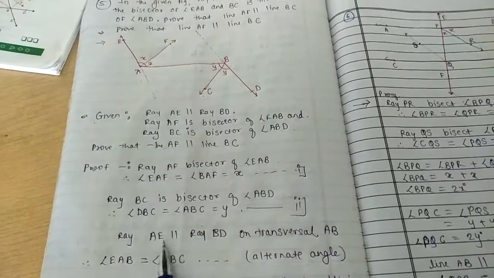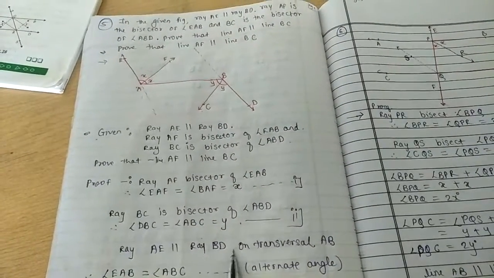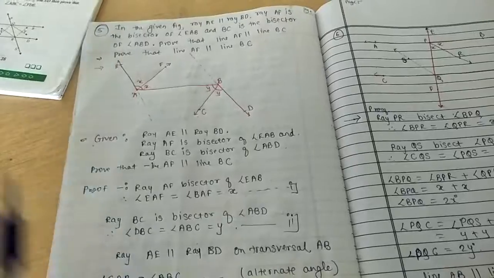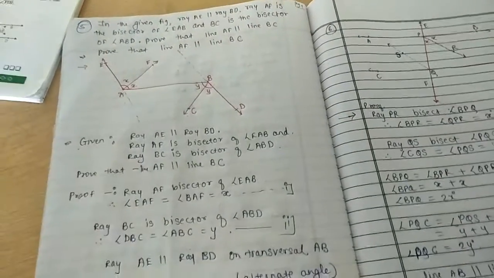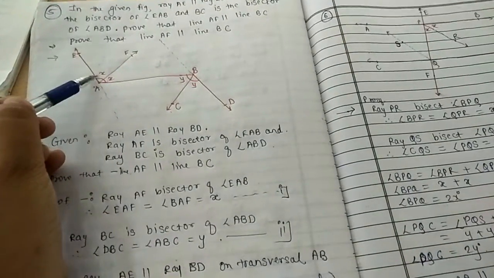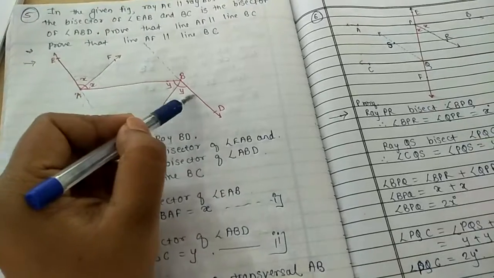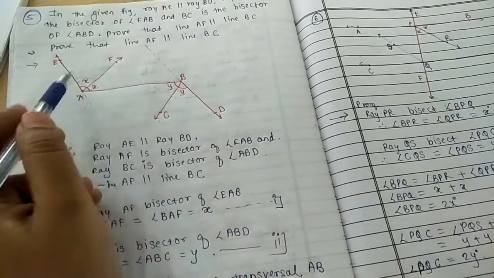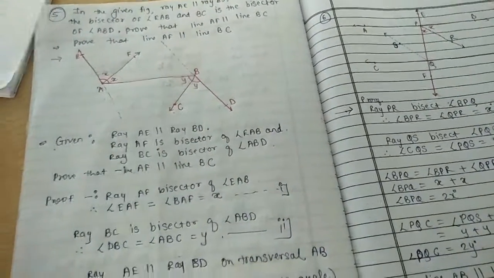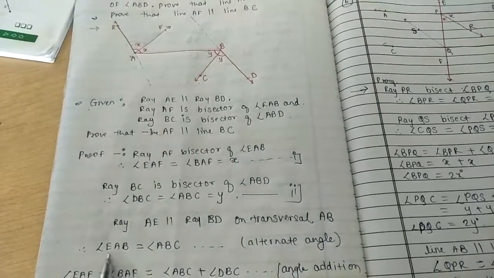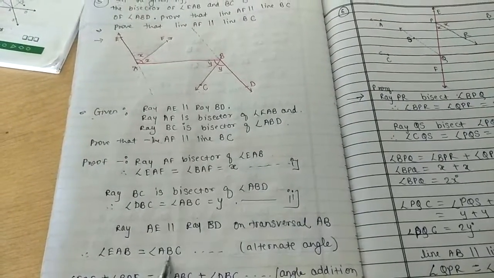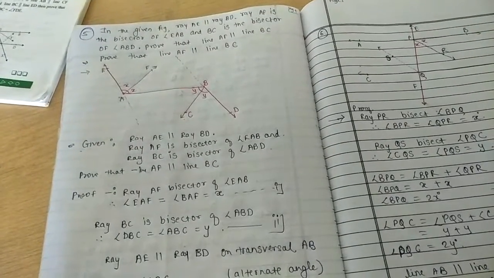So ray AE is parallel to ray BD on the transversal AB. Because of that, these two angles are the alternate angles. Therefore angle EAB is equal to angle ABD.